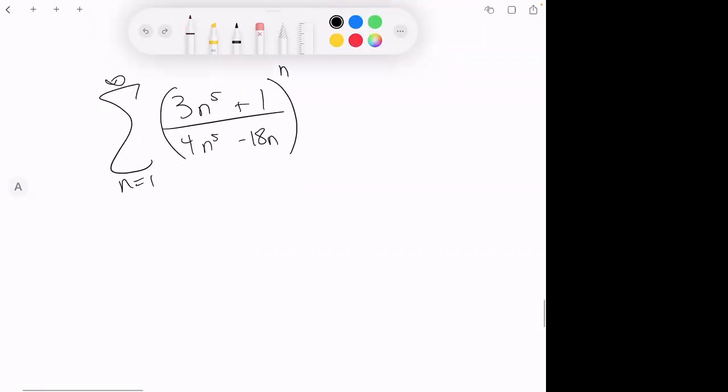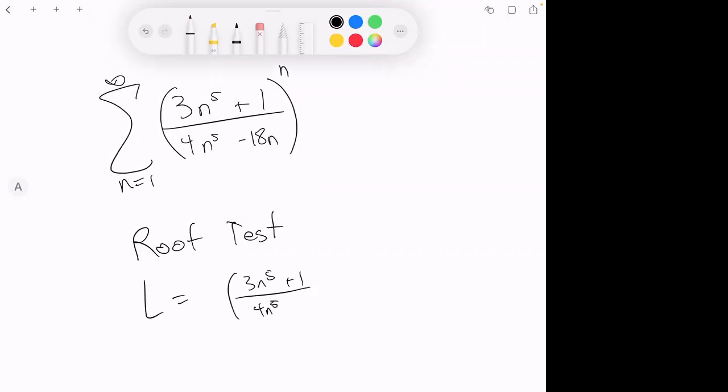But the root test is literally perfect for this application because it says, find this limit of your terms, the absolute value of the nth root of that.